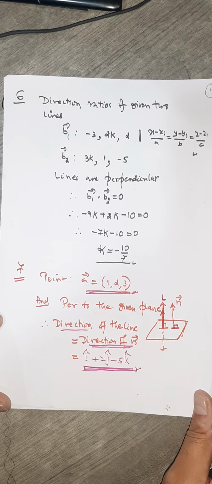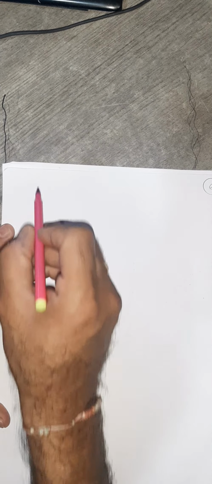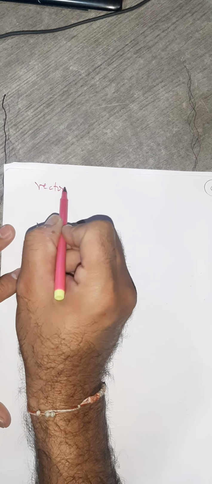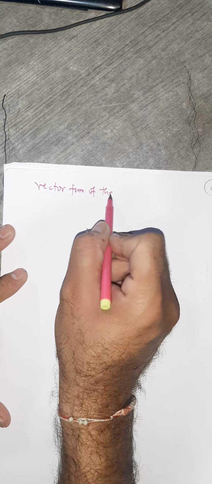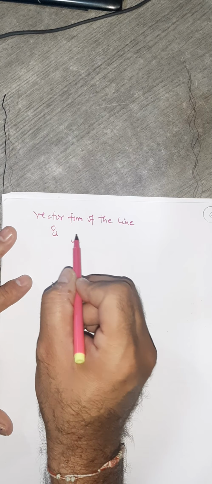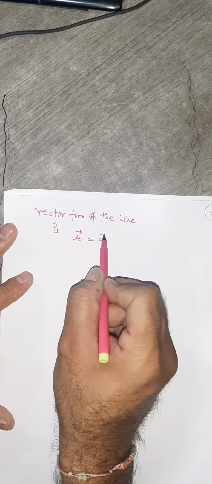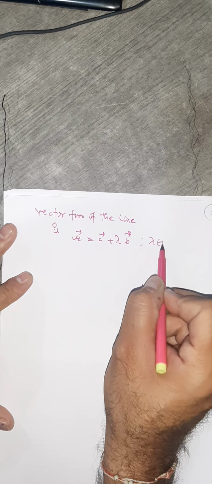So we can write here vector form. In this question you are asked specially vector form. Remember, if nothing is given, we can get just Cartesian form. So I'll write here vector form of the line is, if you remember, vector r is equal to vector a plus scalar into direction of the line, where scalar is number here.